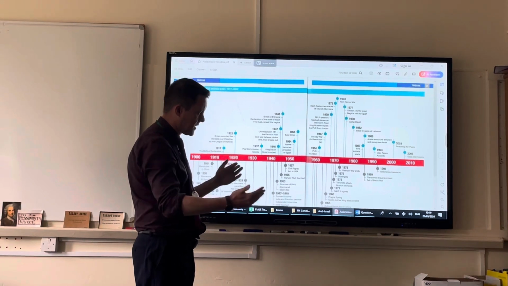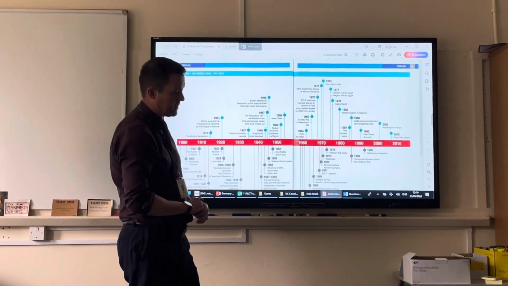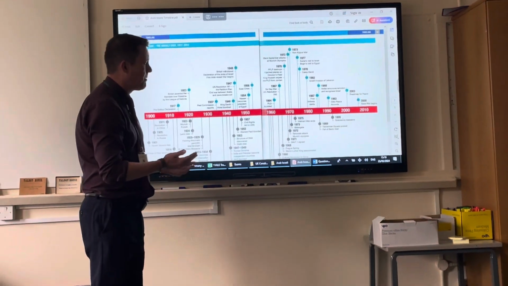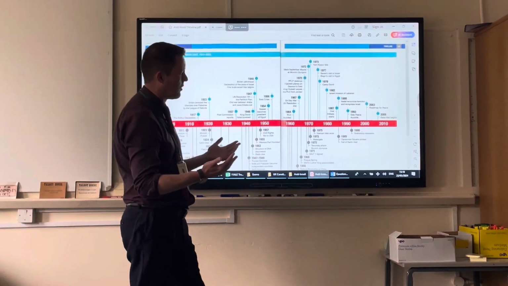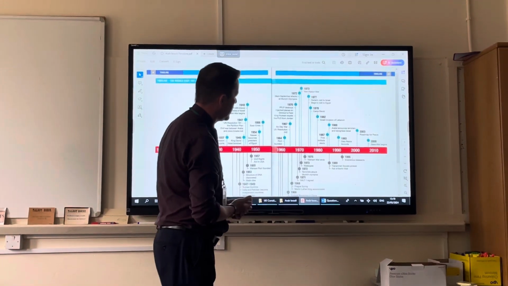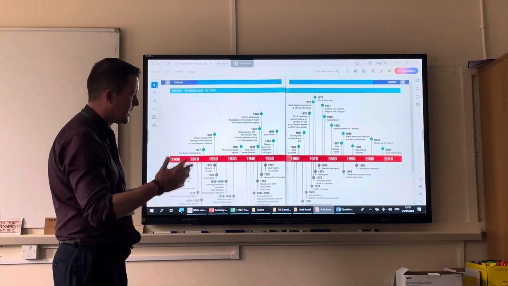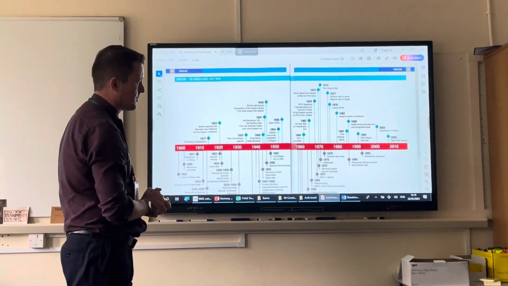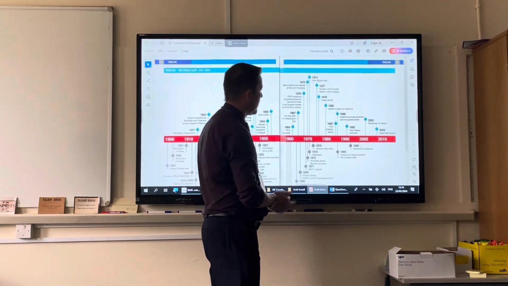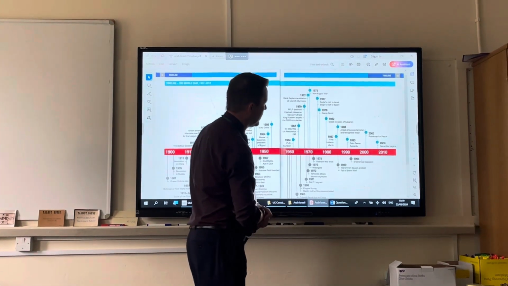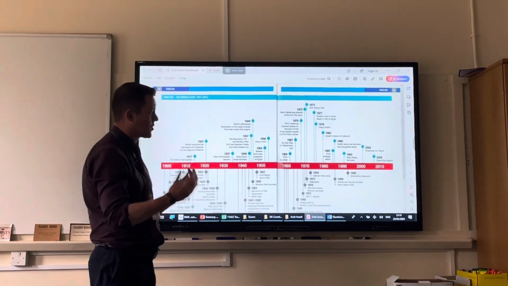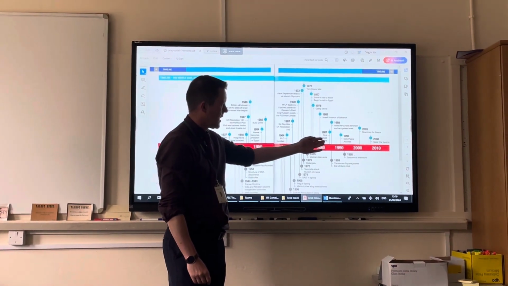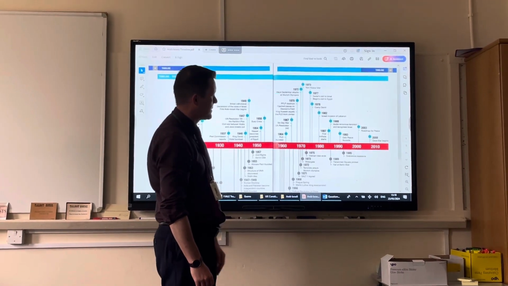What's changing is Israel's ability to make peace with the PLO and vice versa. And that might come about because of the end of the Cold War in 1990, 1991, and the Americans' ability to squeeze the Israelis into the peace process. It might be the fact that Israel are feeling that in the intifadas they can't control the West Bank and the Gaza Strip, in the first intifada of 1987 and the second intifada.